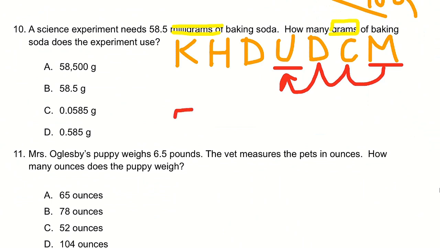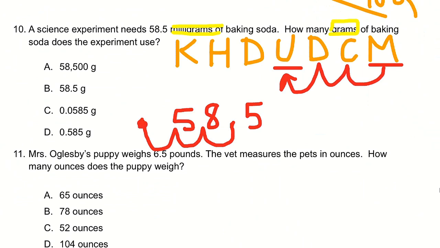So I'm going to write my number here for you. 58.5 milligrams. I'm going to put my pencil on the decimal and I'm going to go 1, 2, 3, and I'm putting my decimal here. Do you see that empty loop-de-loop?